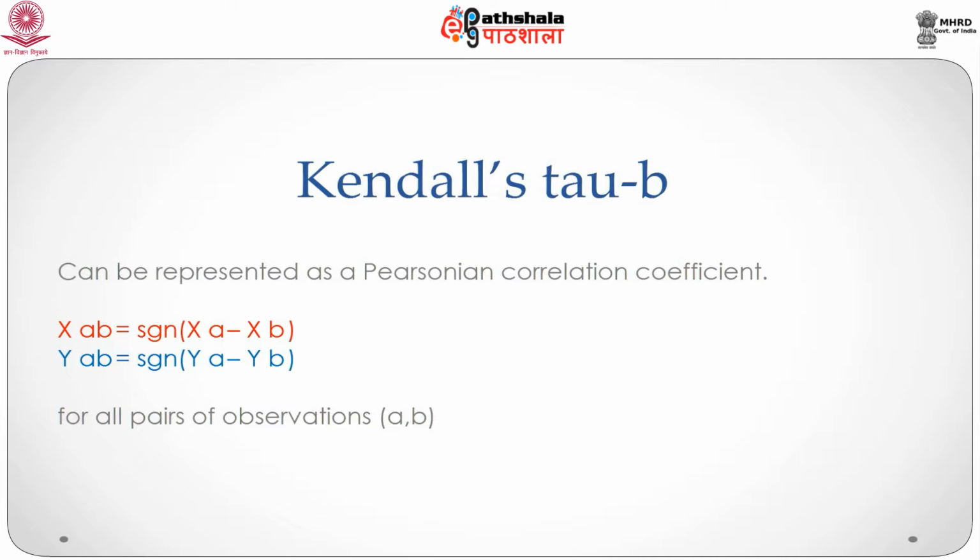Summation over a not equal to b of x_ab squared is given by 2 into n into n minus 1 by 2 minus Tx, and similarly for the summation over a not equal to b of y_ab squared. The summation over a not equal to b of x_ab is equal to the summation over a not equal to b of y_ab, which is equal to 0, and the implication of all this is that tau-b hat can be written as C minus D over square root of n into n minus 1 by 2 minus Tx, into n into n minus 1 by 2 minus Ty.